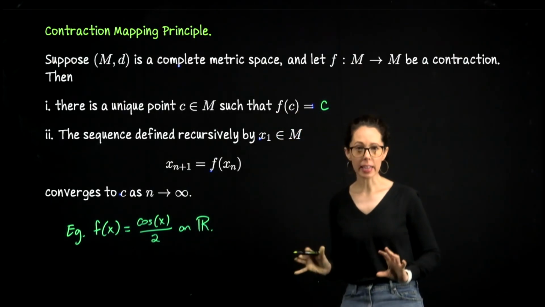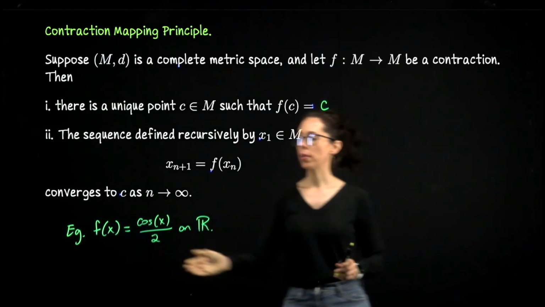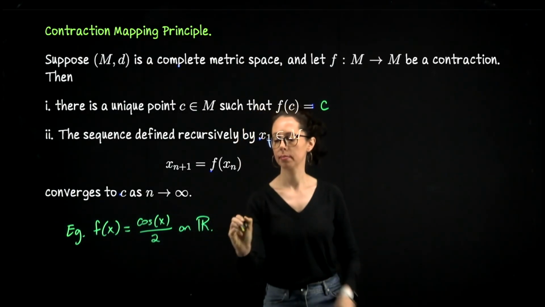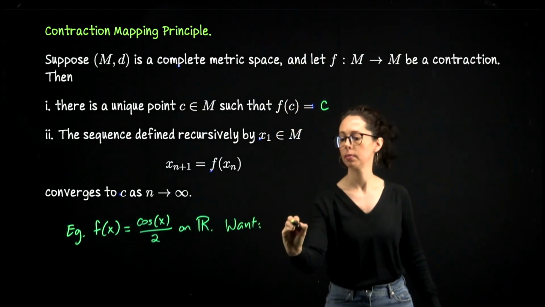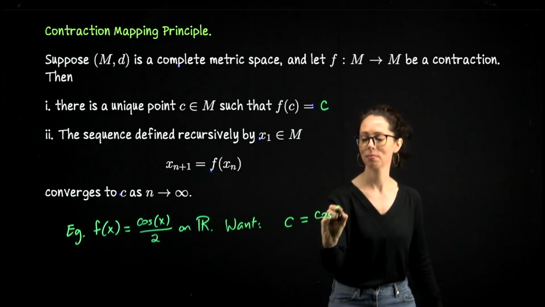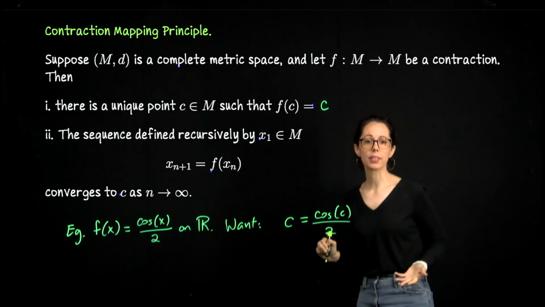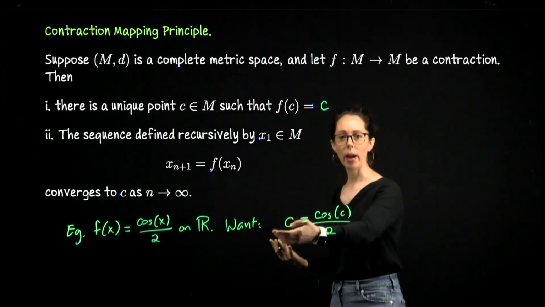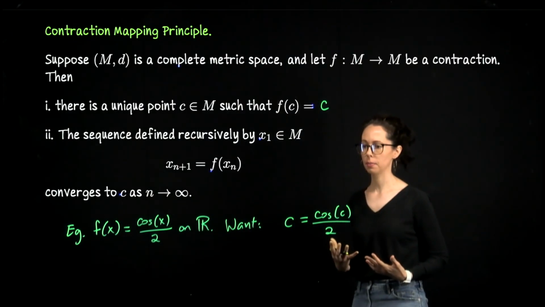And if we want to find its fixed point, then we are looking for a number c from R so that f of c equals c. In other words, c equals cosine of c over 2, or 2c equals cosine of c. If you graphed the line y equals 2x and y equals cosine of x, you're looking for that intersection point.